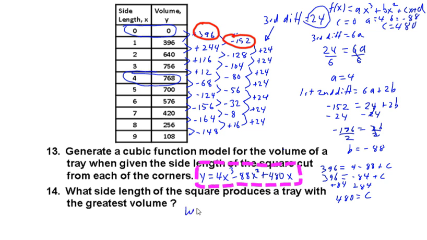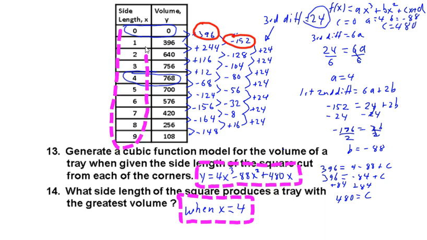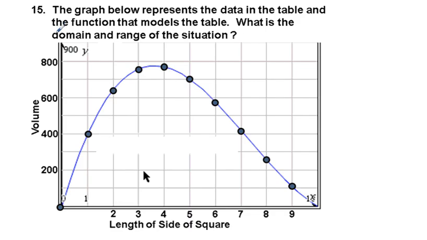So we'll say when x is equal to 4. Now, I happen to work this out using calculus and figured out the real optimal value of x is going to be a little less than 4, but they left us with just the integer options over here on the left side as possibilities.